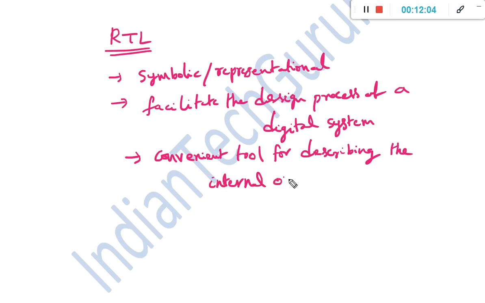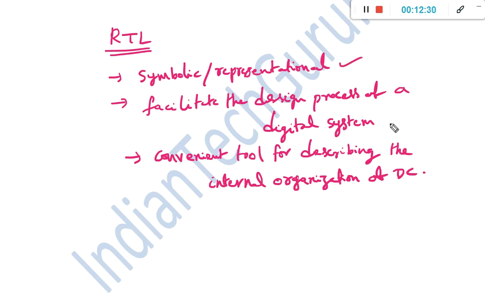Okay, so these are the basic characteristics of a register transfer language. So what are they? It is only a symbolic or representational language. It is not a programming language. It is going to facilitate the design process of a digital system.